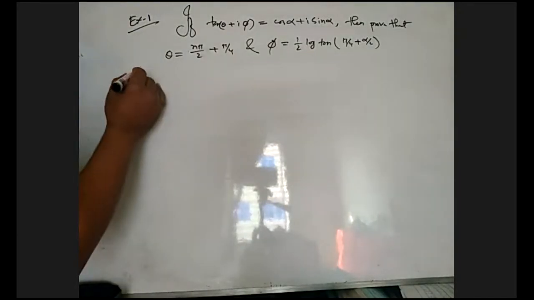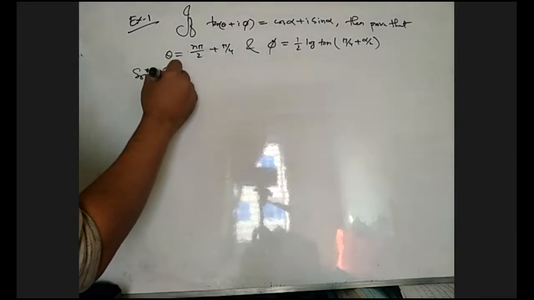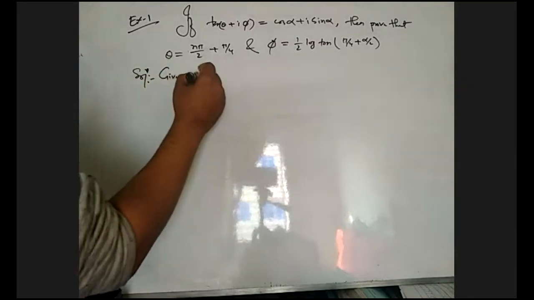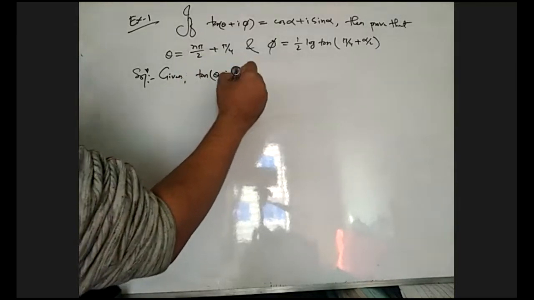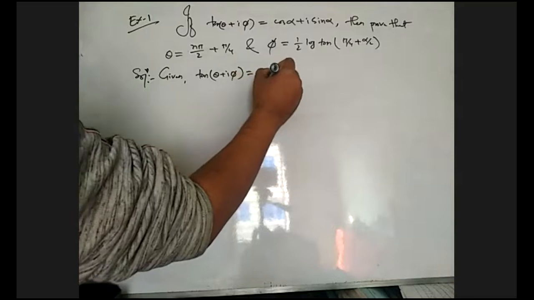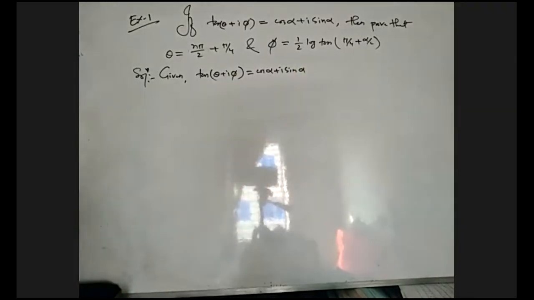Now for the solution, we are given tan of theta plus i psi equals cos alpha plus i sin alpha. This is the given condition.